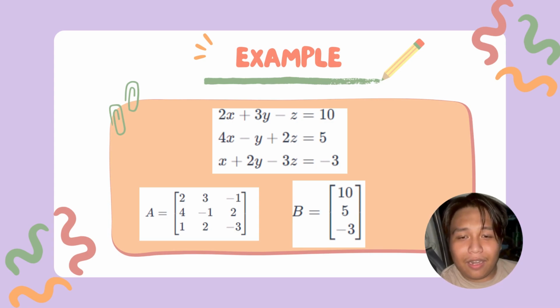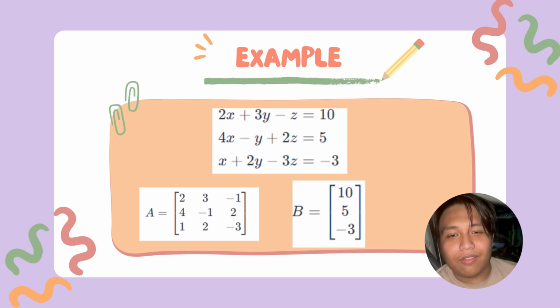When we get this question, the first step is to find the coefficient matrix, which is matrix A, and matrix B. How do we get matrix A and matrix B? Basically, matrix A we can find before the equal sign, and matrix B we can find after the equal sign. So for this question, matrix A is 2, 3, negative 1, 4, negative 1, 2, 1, 2, negative 3, and matrix B is 10, 5, and negative 3.